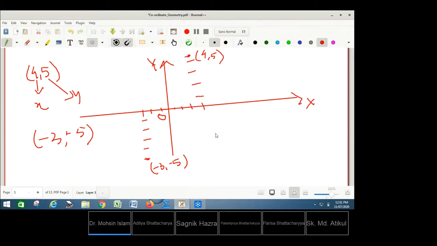This is also called the Cartesian coordinate system. This is two dimensional. You are learning two dimensional geometry, not three dimensional geometry. In class 11 or 12 you will learn about three dimensional geometry. So this is all about geometry. This is two dimensional geometry, and this is Euclid.